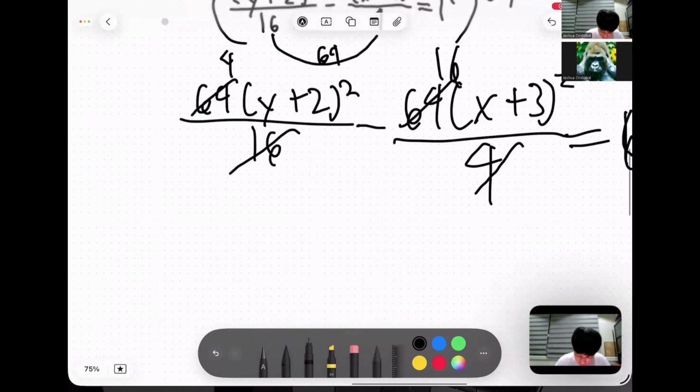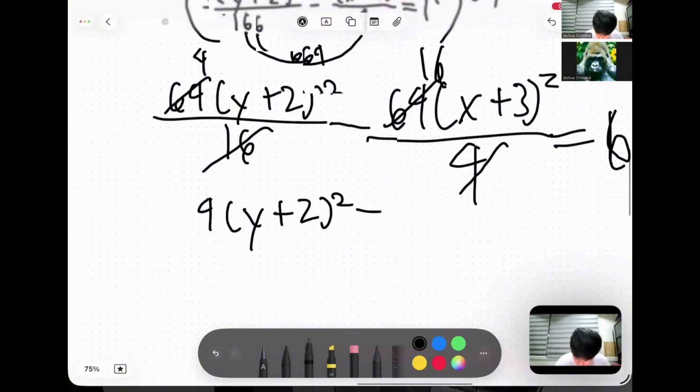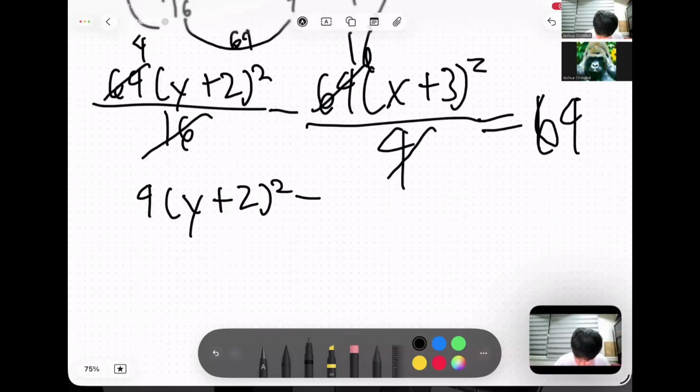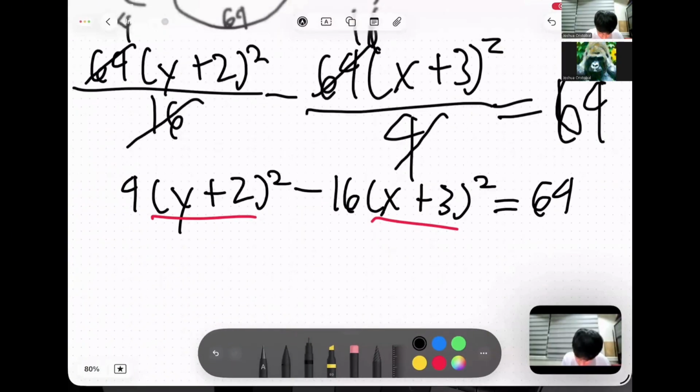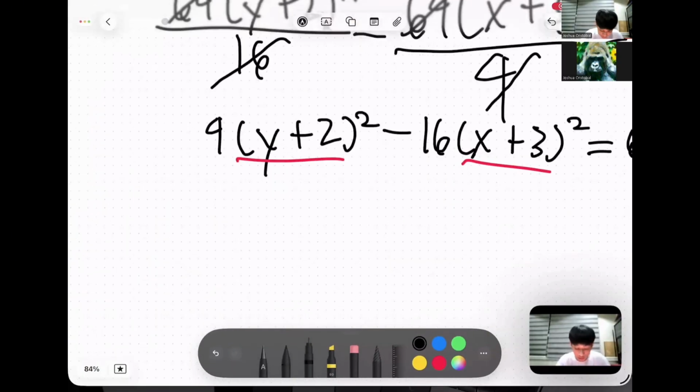So let's write this again: 4(y plus 2) squared minus 16(x plus 3) squared equals 64. After that, we will be expanding these two square terms using the FOIL method.